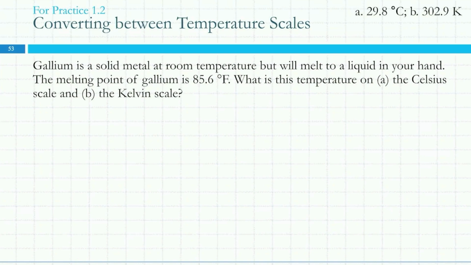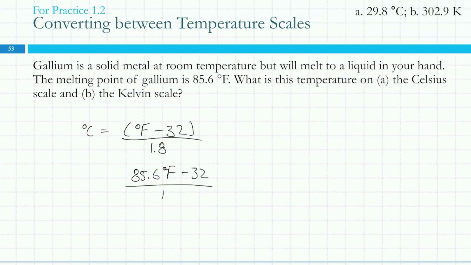So we need the equation. So degrees C equals, first we take degrees Fahrenheit, we adjust it so that 0 is the same, and then we divide by 1.8. 85.6 degrees Fahrenheit minus 32 divided by 1.8.